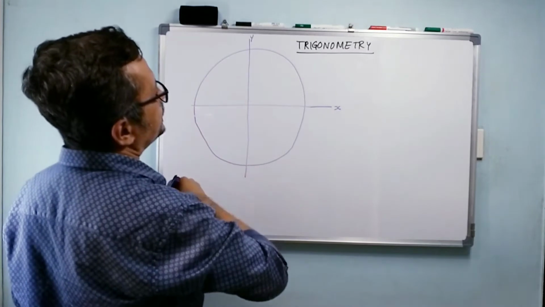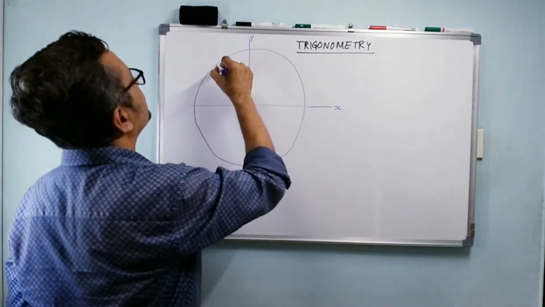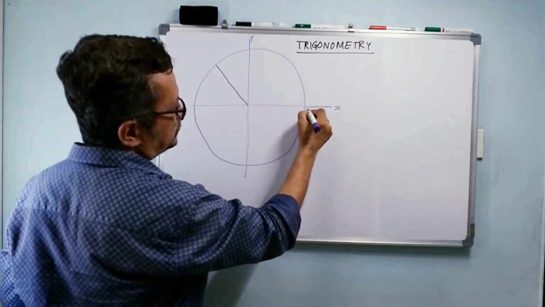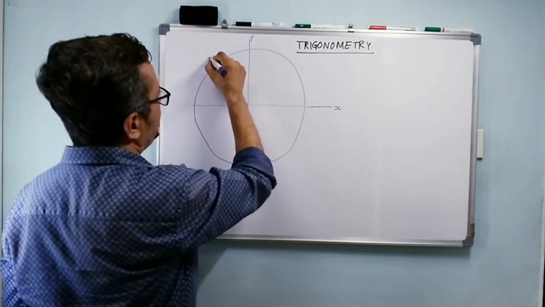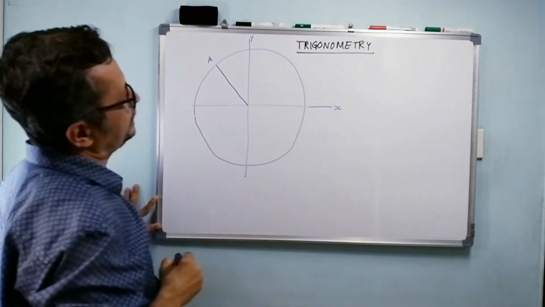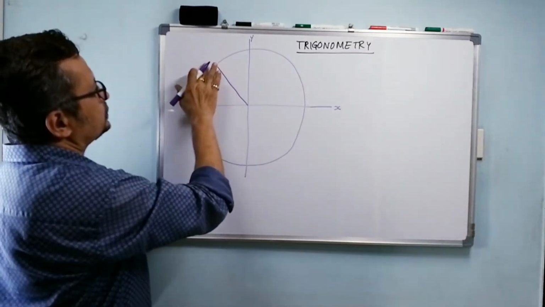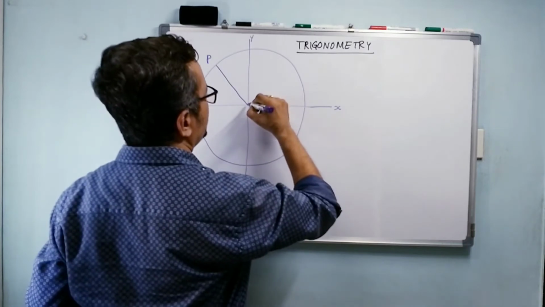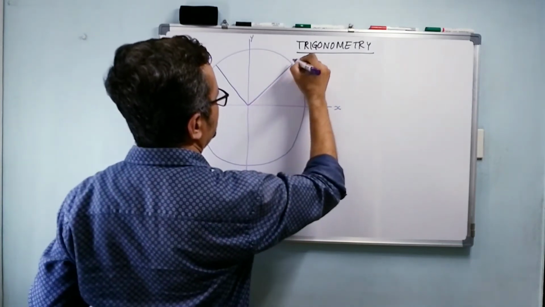Now I'm going to take one angle here. Let us call this point A, and I'll take this point as P here, and one point Q here.